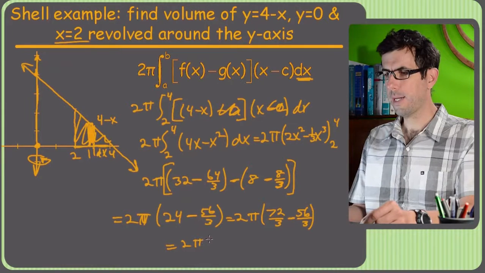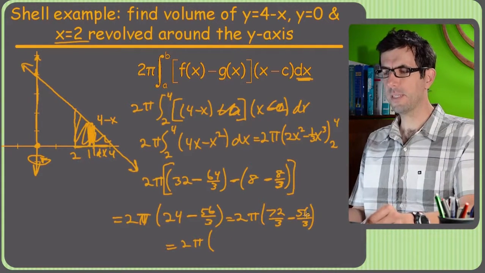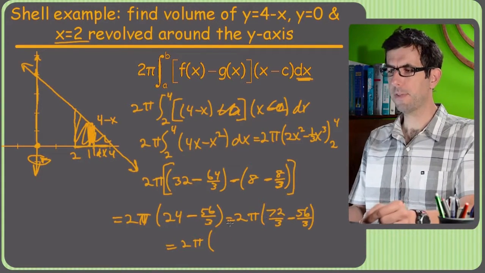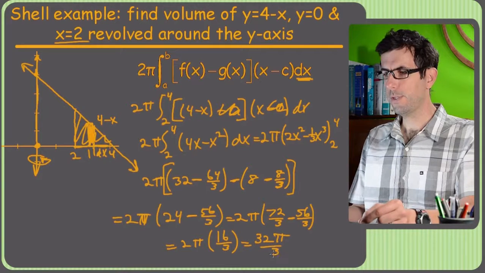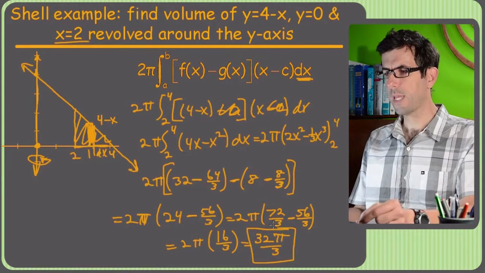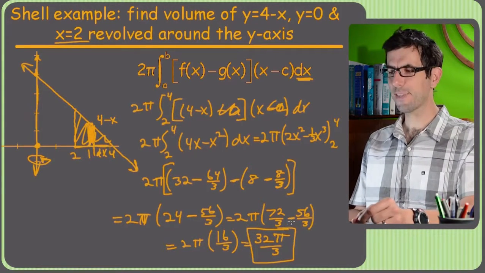So that's going to be 2 pi times 72 minus 56 is, I believe, 16 thirds. 32 pi over 3. Seems like a rounder number than it looked like I was going to get a second ago.